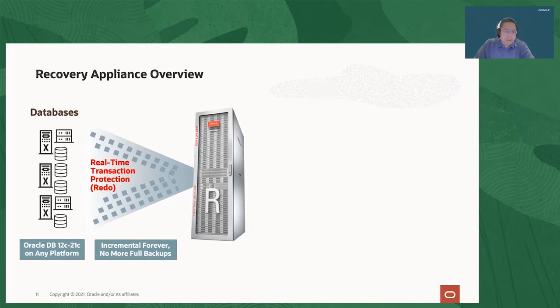And so this is protecting anything going on, any updates, anything going on in the database, with zero to sub-second data loss. We also have incremental forever, which is the ability to take a full backup on day one and then just incremental backups thereafter. And this is really, really efficient, right? So it's a huge benefit for offloading your production backup processing here. And these backups that you take in incremental forever become virtual full backups, like you'll see here.